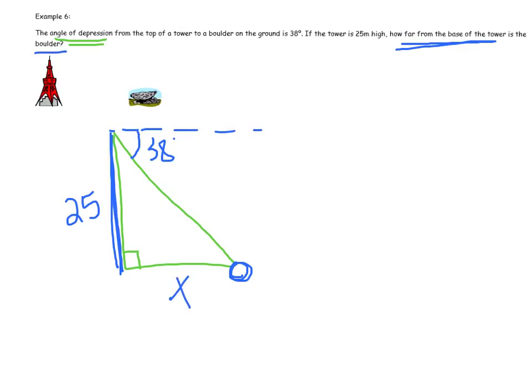Now usually when we do a triangle, finding missing angles or missing sides, our angle will always be inside the triangle. So that means that 38 will be down here. Now the reason for that is because alternate interior angles are congruent. You talked about that in Unit 1, and that right there will let you know why it's 38 degrees.